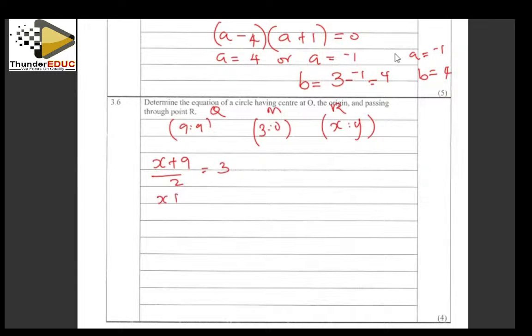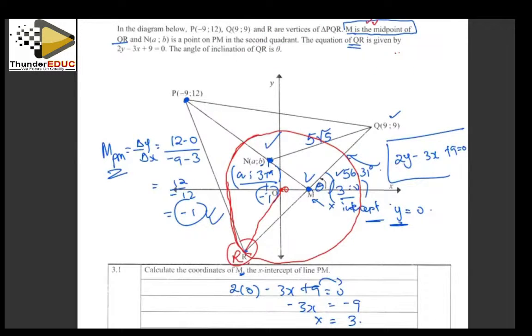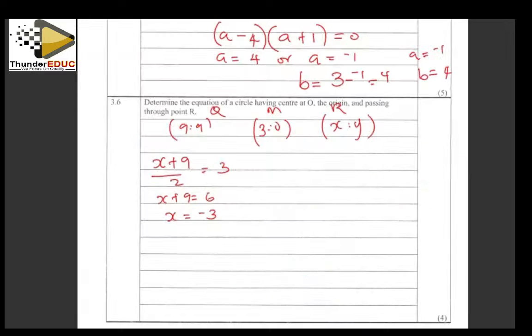Cross multiply, x plus 9 is 6, which means x is going to be negative 3. Is that true? Yes, R is in the third quadrant where x is negative. Perfect. Let's do the same with the y. So y plus 9 divided by 2 must give us 0. Cross multiply, y is negative 9. So the coordinates of R are negative 3 and negative 9.